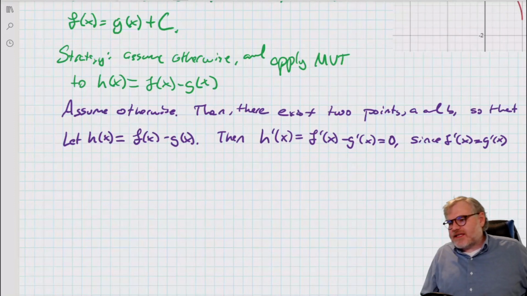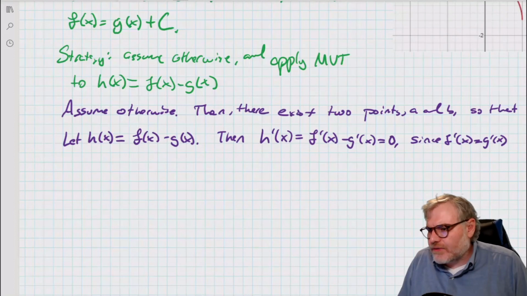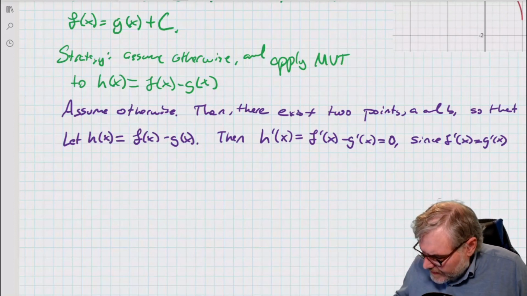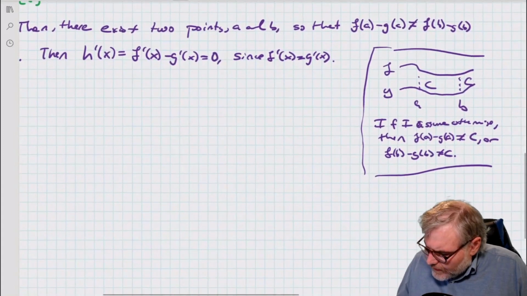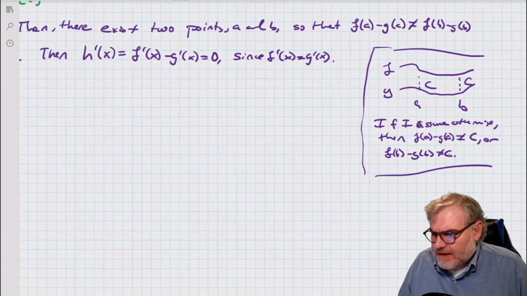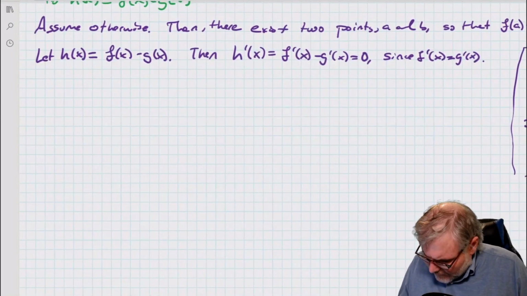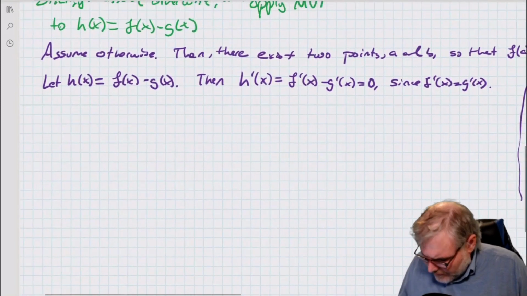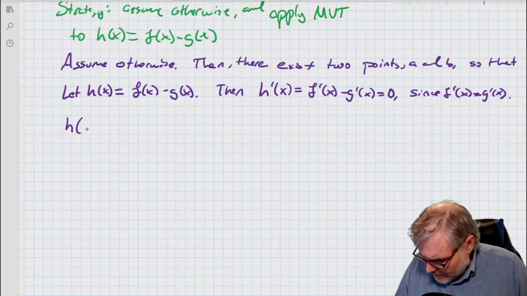That's going to be zero because f prime of x equals g prime of x. Now, I also know that these two things don't differ by a constant. So that means that h of a does not equal h of b.